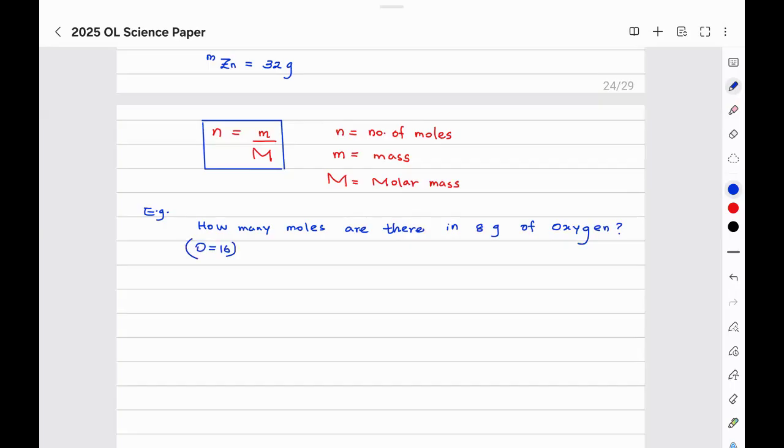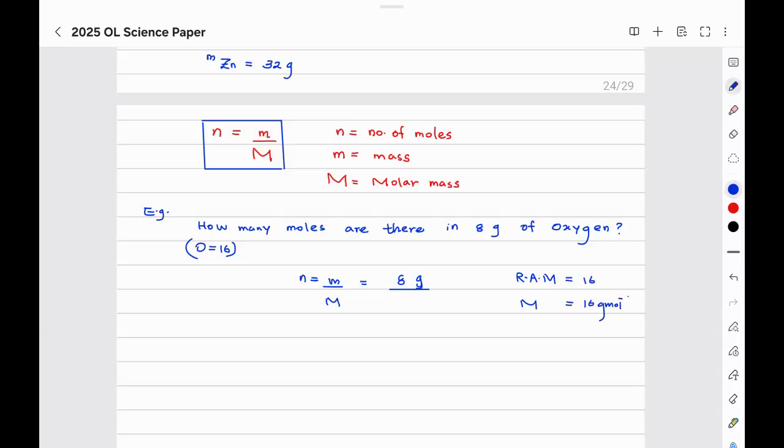How do you do the calculation? Use the equation. Simple n equal simple m over capital M. Mass is given as 8 grams. Yeah, it's easy. Then what is the molar mass? Now, relative atomic mass is 16 means molar mass is 16 grams per mole.